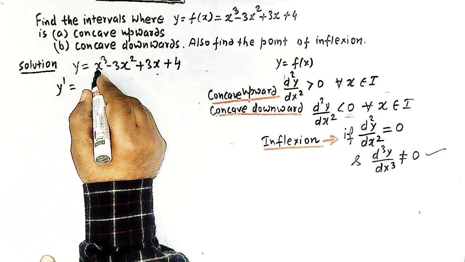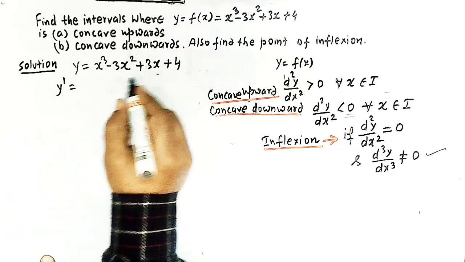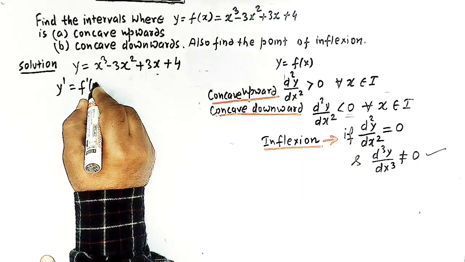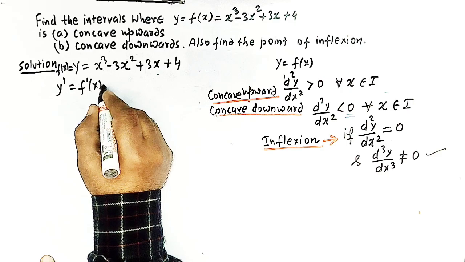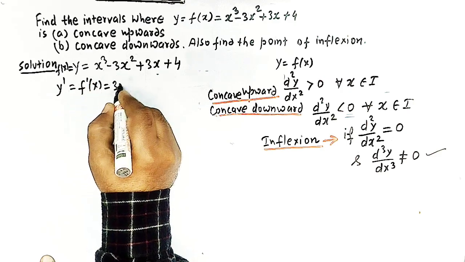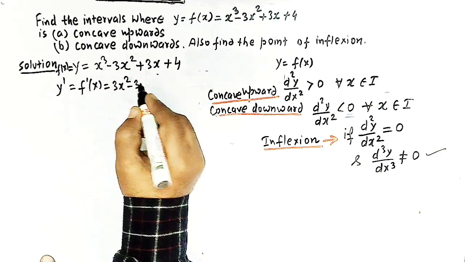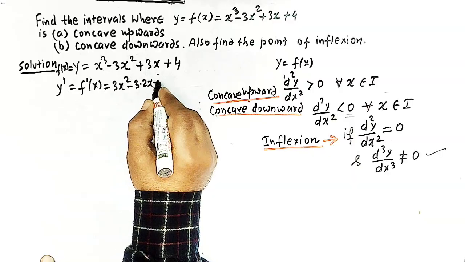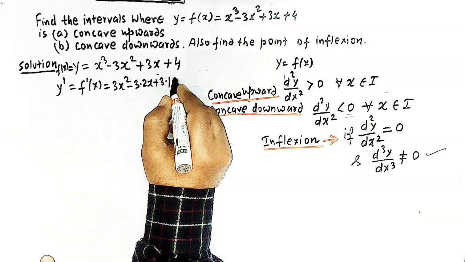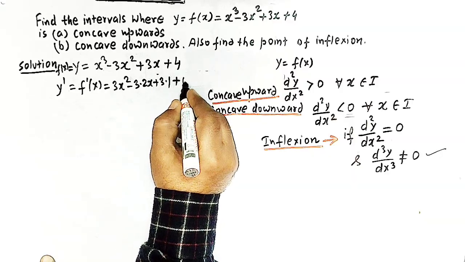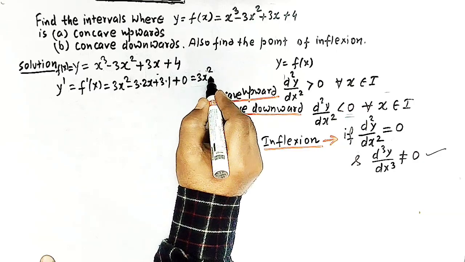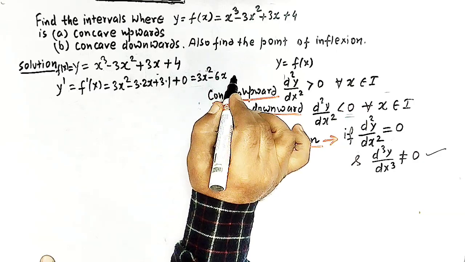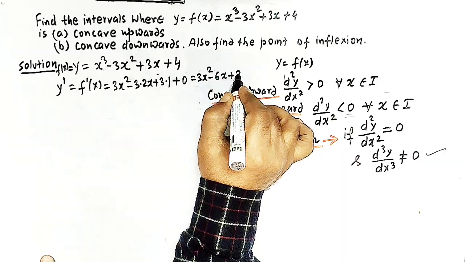So y prime is given by f prime of x, because y is equal to f of x. So we have 3x square, then minus 3 times 2x, then 3 times 1, and the derivative of 4 is 0. So we have 3x square minus 6x plus 3.